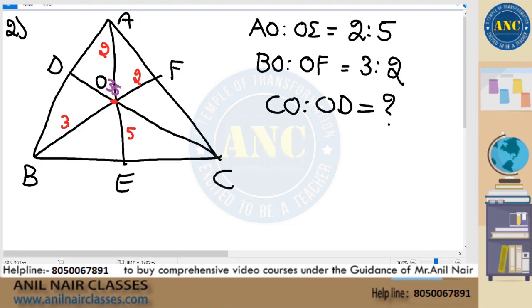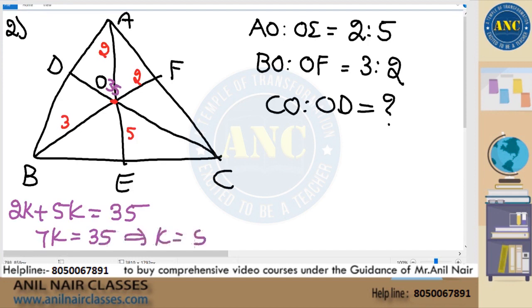Once you take it as 35, 35 is the center of gravity, which is a combination of 2K plus 5K, is nothing but 35. 7K is 35, so K value is 5. It will be there in the reverse ratio. So 2 fives are 10 will come here, 5 fives are 25 will come here.